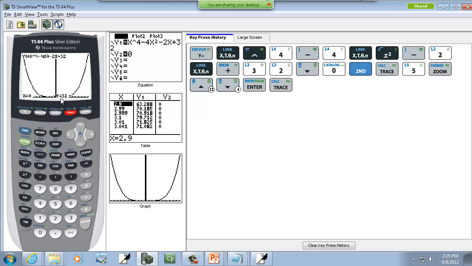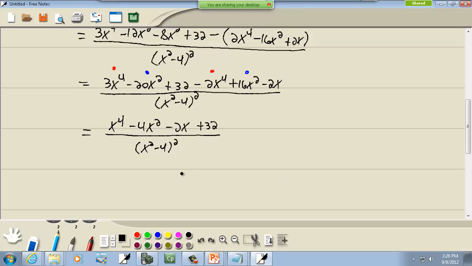So it doesn't even go down that low. So it doesn't even cross the x-axis. And you could use your arrow keys to trace that to see where it's at. I think that's going up. Yeah, it is. Okay. What I'm going to do is zoom and choose 6 to set it back. Okay, so I can't factor the top part any, so that would be your answer.